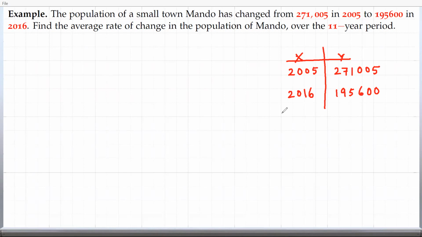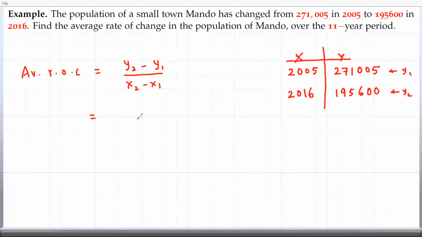Now we are ready to apply formula to get average rate of change. The formula said average rate of change equals y2 minus y1 over x2 minus x1. So we can consider this one to be y2, this one to be y1.